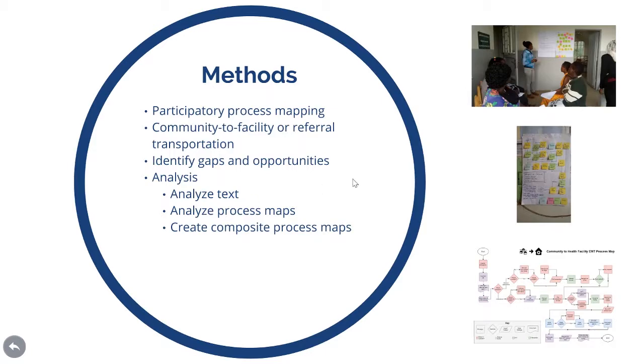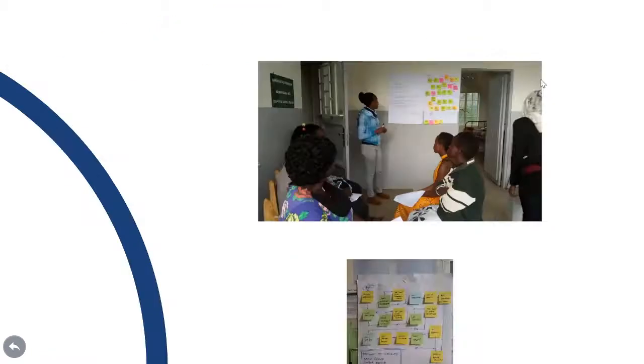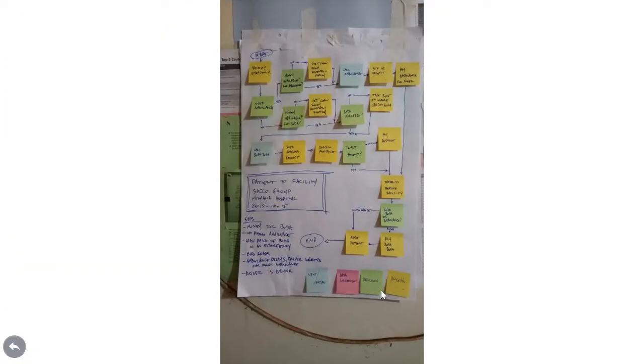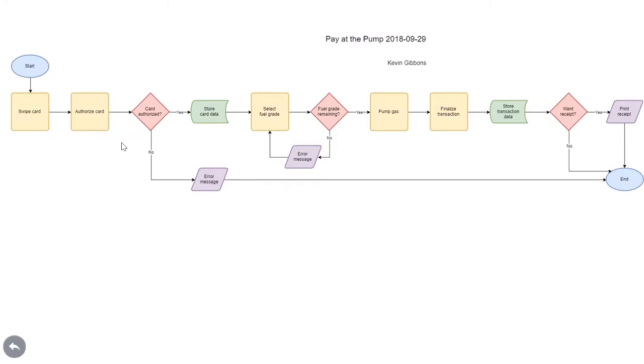For example, pay at the pump. When you go and pay in the US by yourself and scan your credit card, what happens? You first swipe your card, then the card is authorized. If it is authorized, then that data is stored. You select the fuel grade, and then the process checks: is the fuel grade remaining?